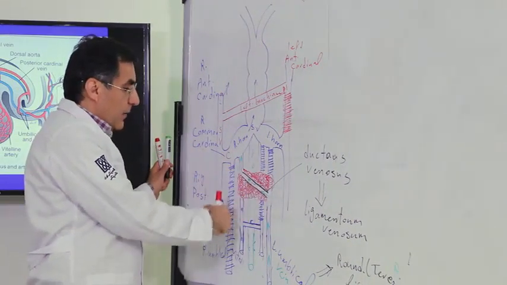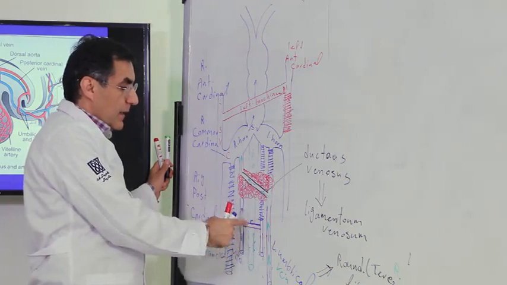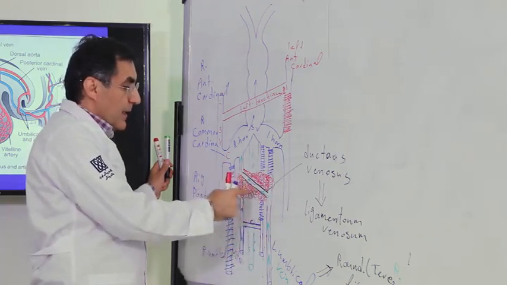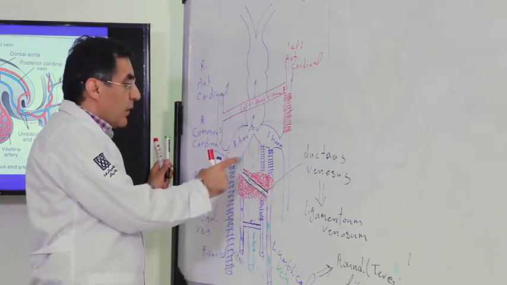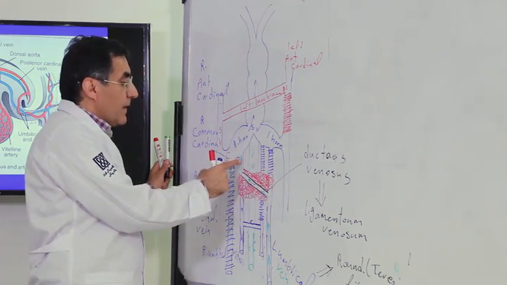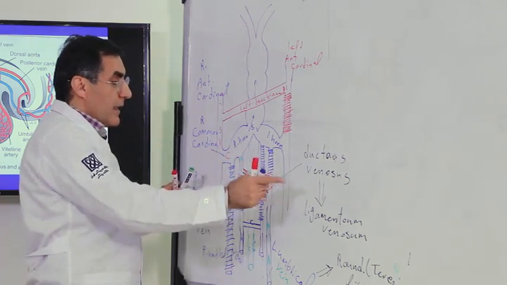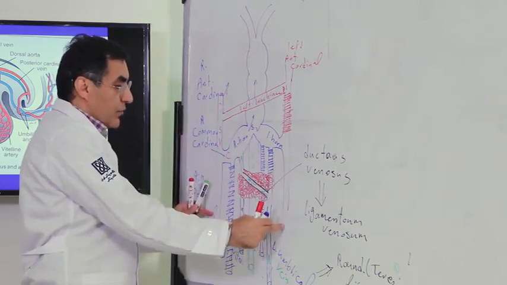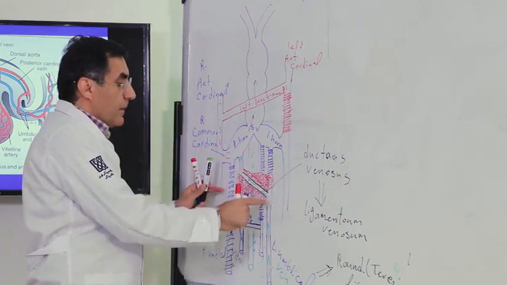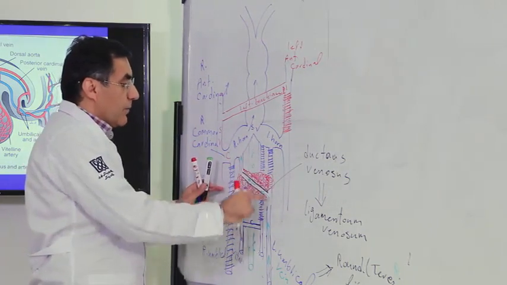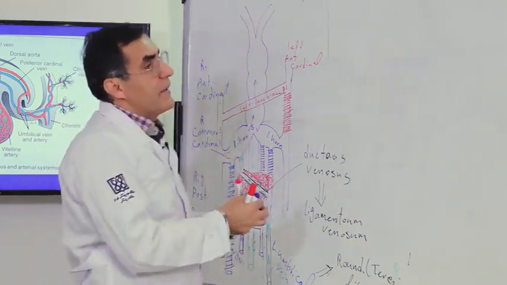It means I cleaned the portal vein system and the umbilical systems, and I want to show only the IVC and the development of the IVC. In the next picture, I only draw these two veins, the posterior cardinal veins, and for simplification I clean this part. But at the same time, it happens.